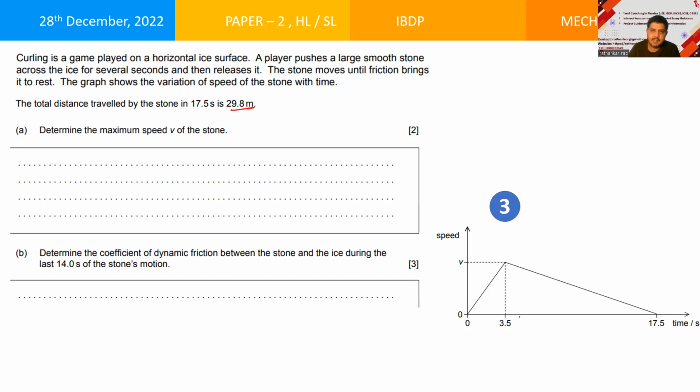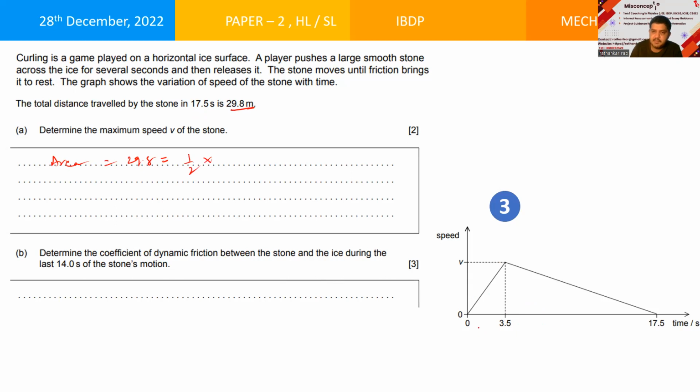Now from a speed time graph, we can find out the distance. How do I find the distance? Area. So the area under the curve is nothing but 29.8, which should now be equal to half into breadth. What is this breadth?